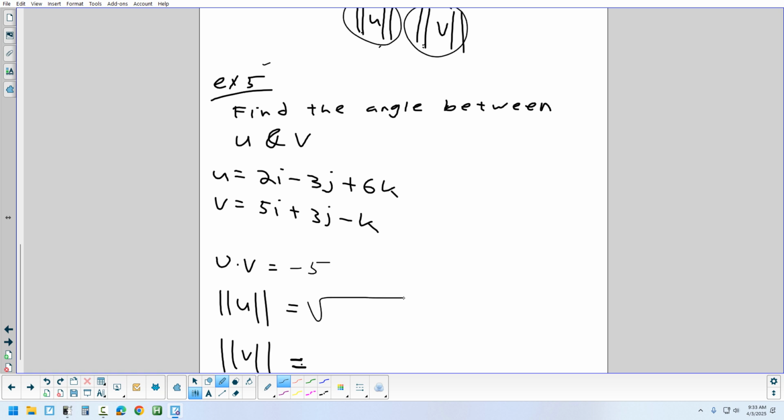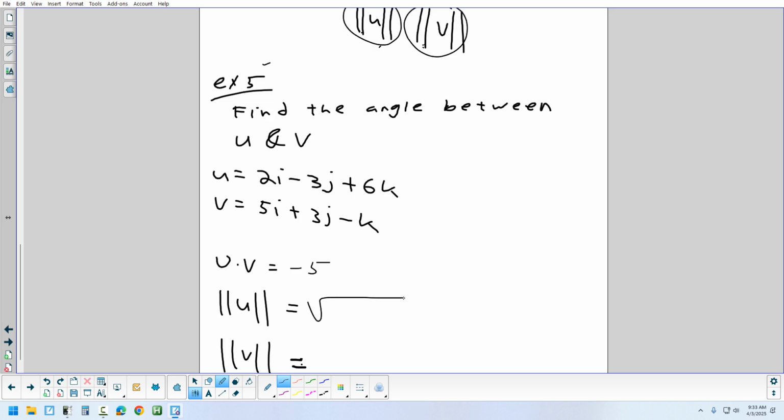Okay, for the magnitude of u, it's going to be what plus what plus what under the square root? Yeah, 2 squared plus -3 squared plus 6 squared. Yep.